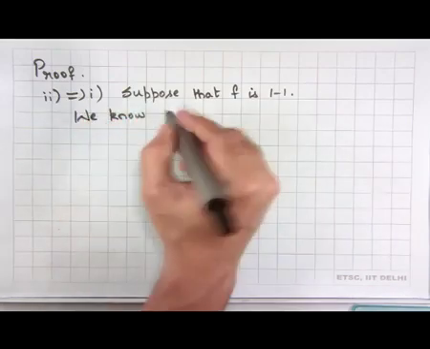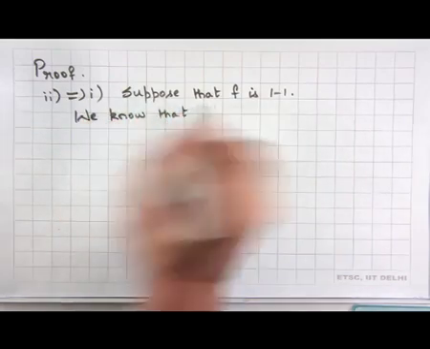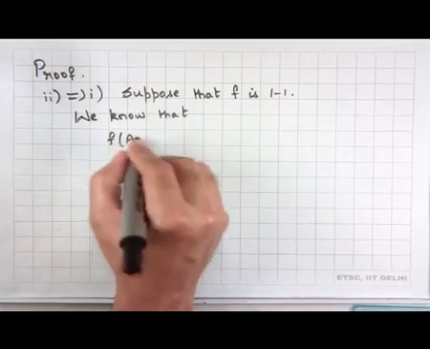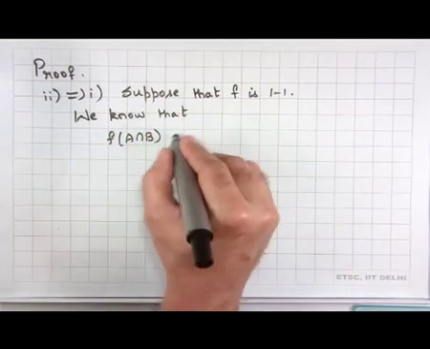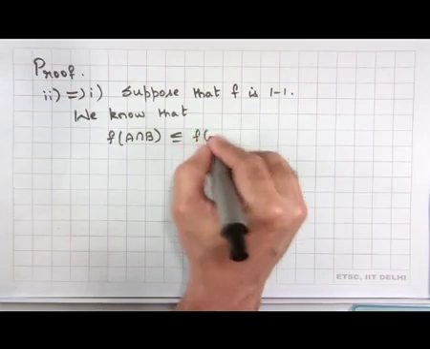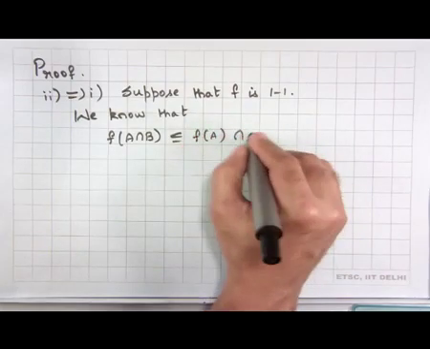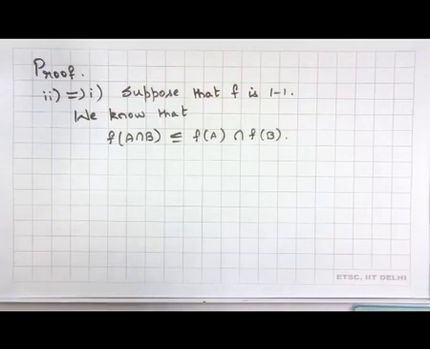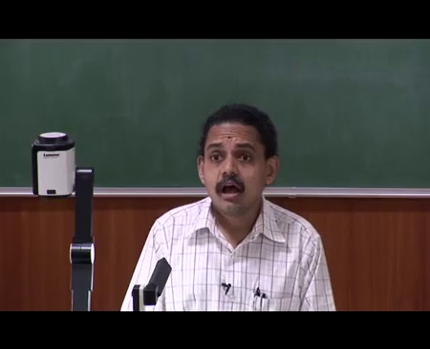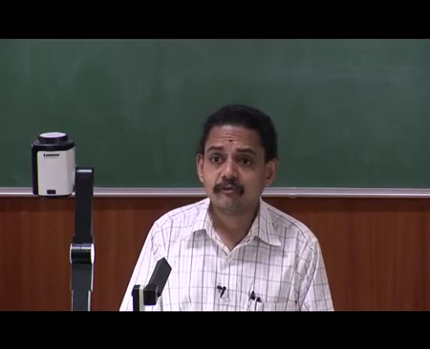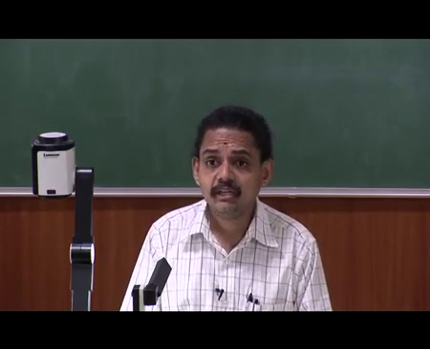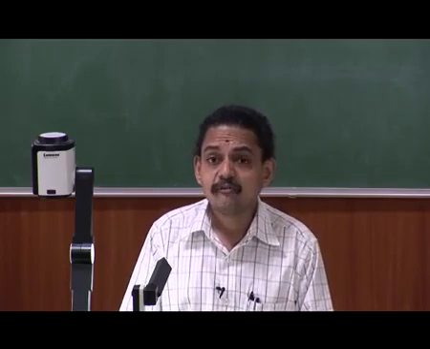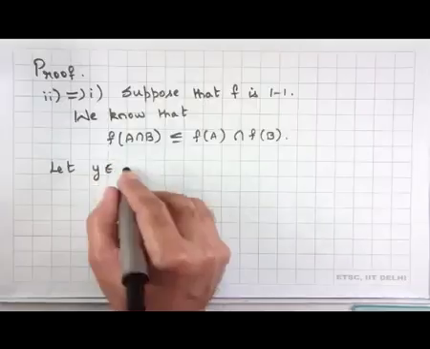We know that f of A intersection B is contained in f of A intersection with f of B. So, what we will have to prove is the other way inclusion, that is f of A intersection with f of B is contained in f of A intersection B. So, let us proceed this way.